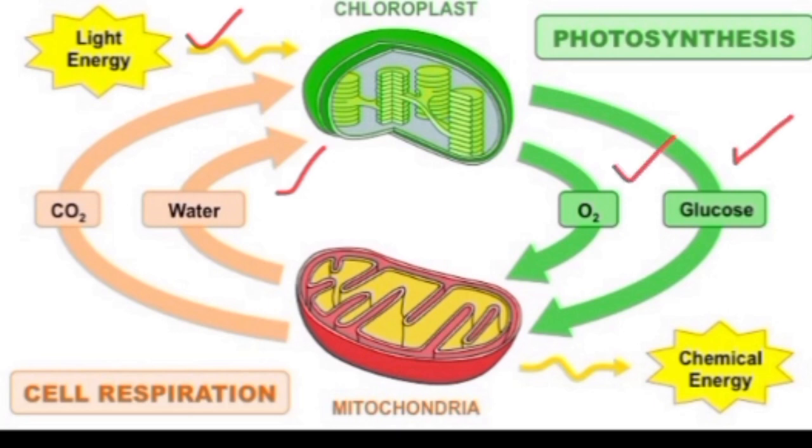This glucose and oxygen is used in the mitochondria by living things to release carbon dioxide and energy. So this process occurs in a cycle and both processes are interconnected with one another. We can say that no process can continue without the other process. Cellular respiration and photosynthesis both are essential for maintaining the balance of the ecosystem.